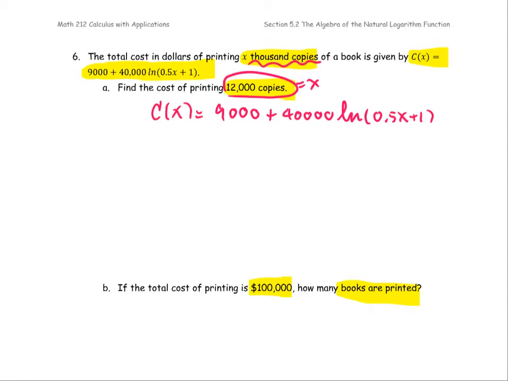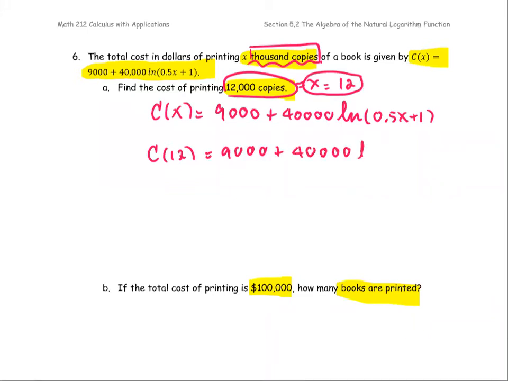That means x is just 12, not the whole 12,000, because the unit indicates that the number will be in 1,000 copies. So we're going to compute C(12) equals 9,000 plus 40,000 multiplied by natural log of 0.5 multiplied by 12 and then plus 1.